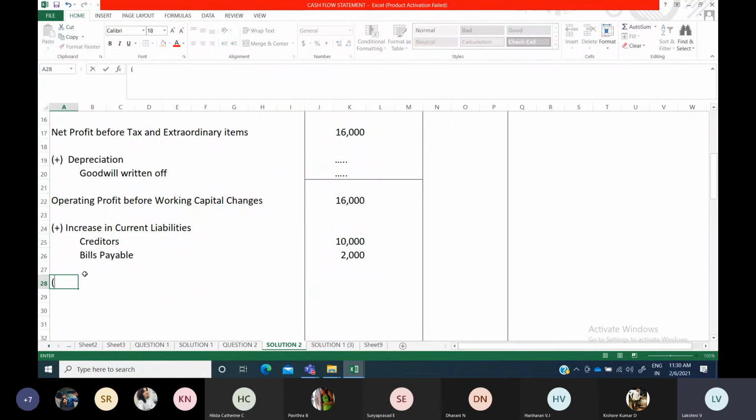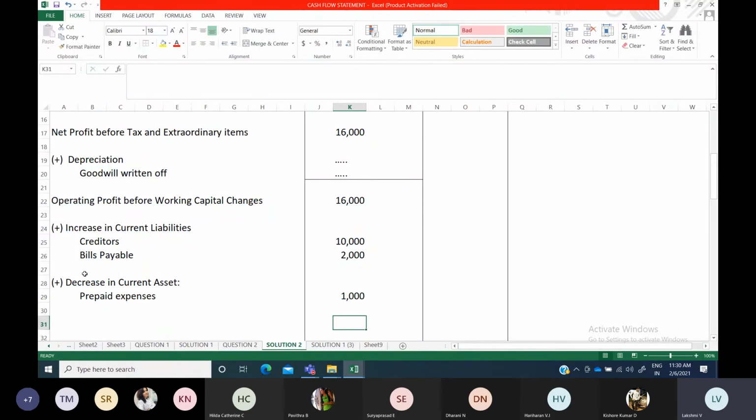So here also again plus you can mention decrease in current asset. Under that only prepaid expenses. So that difference amount 15,000 minus 14,000, that is 1,000 rupees.